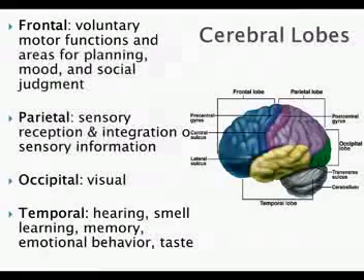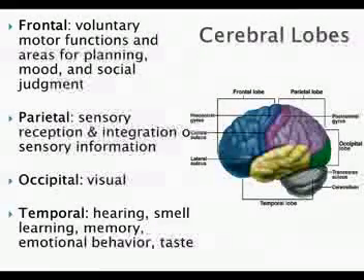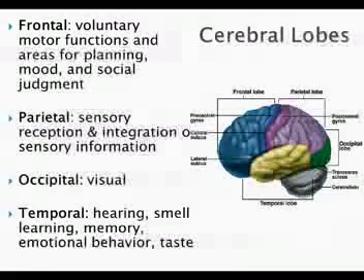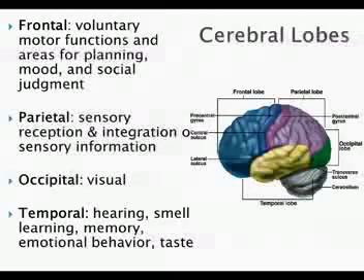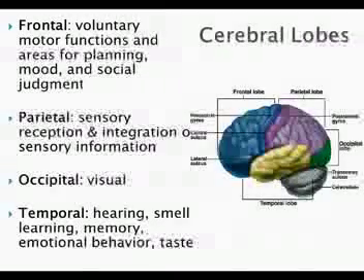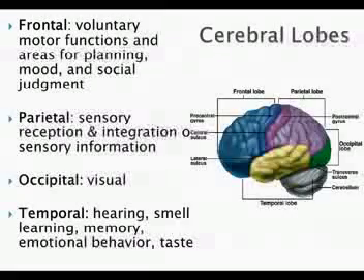If you notice, the names of the lobes correspond with the name of the cranial bones that they are associated with. So the frontal lobe is located underneath the frontal bone, and you're dealing here with voluntary motor functions, social judgment, planning, general mood.